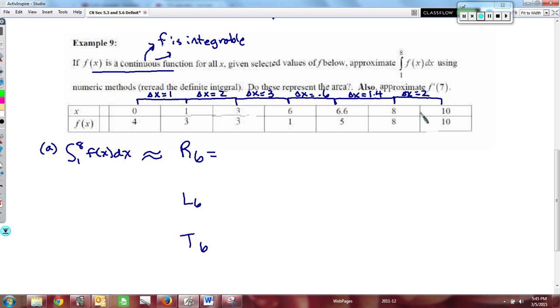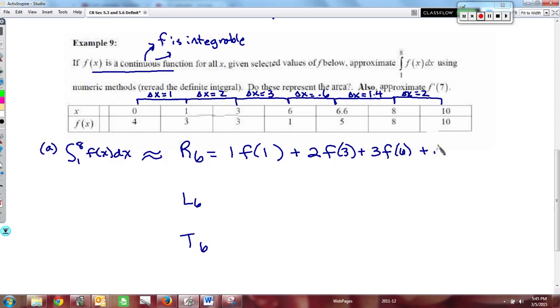We're just estimating anyway. So when we do our Riemann sum, we just have to remember we're going to do 1 times f of the right endpoint of the first one, which would be 1, plus 2 times f of the right endpoint of the second rectangle, which would be 3, plus 3 times f of the right endpoint of the third one, which would be 6.